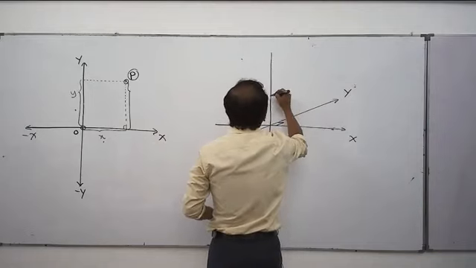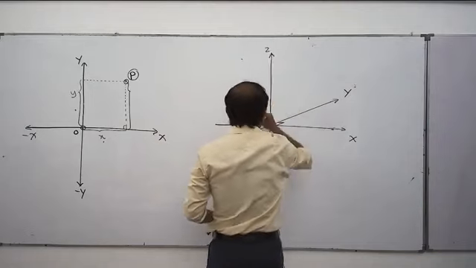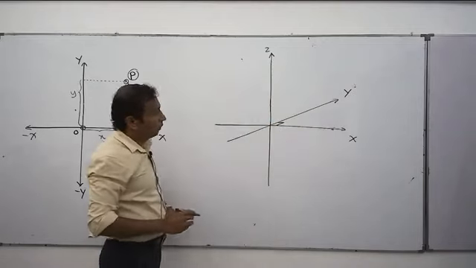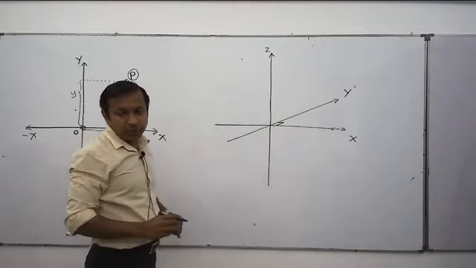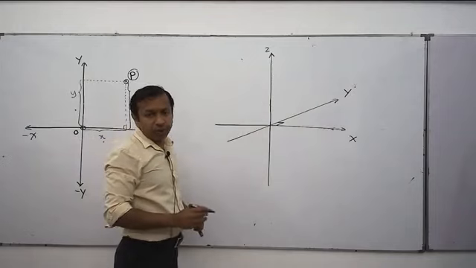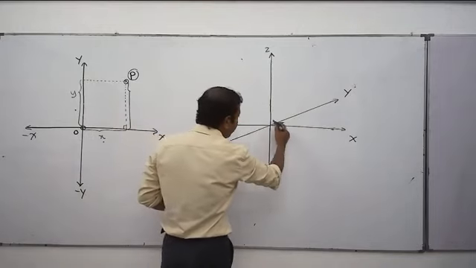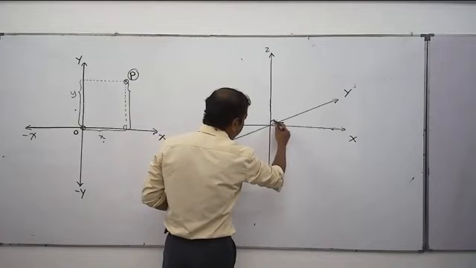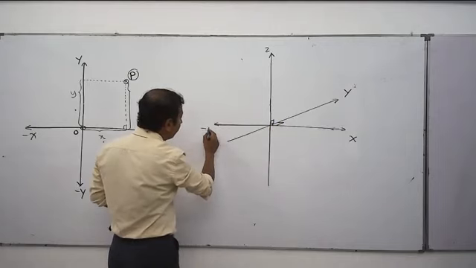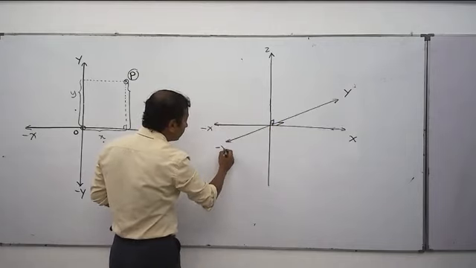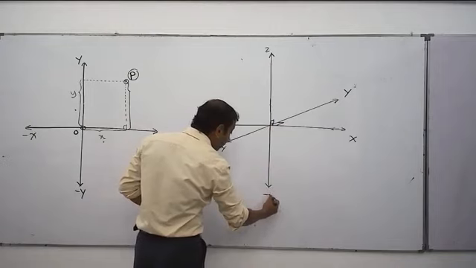This is how we draw the 3 axes in the plane. So this z axis is perpendicular to both this x and y axis. Here this is 90 and this is 90. So this is negative x axis, negative y axis, and this is negative z axis.